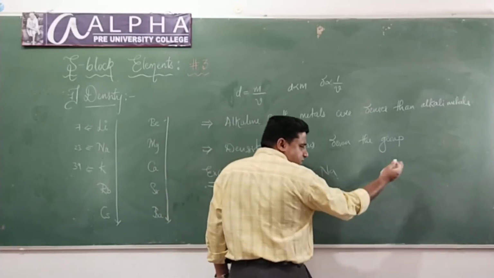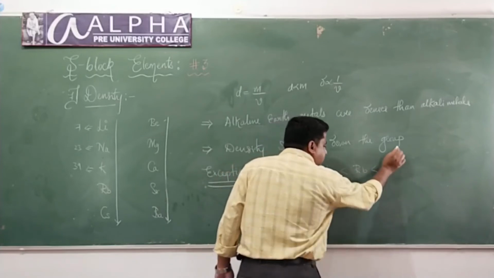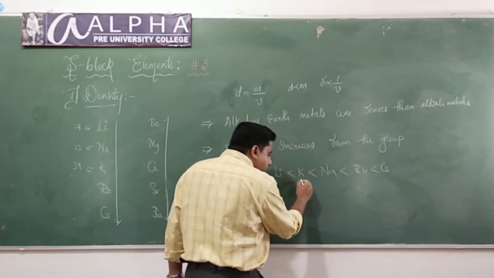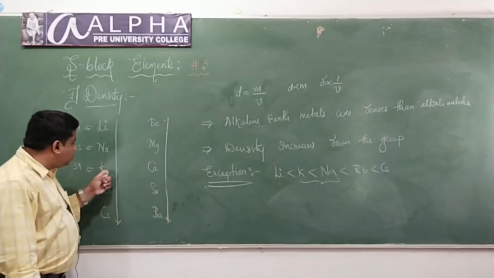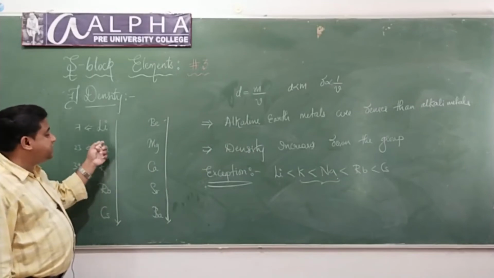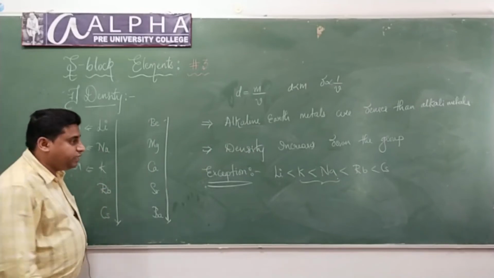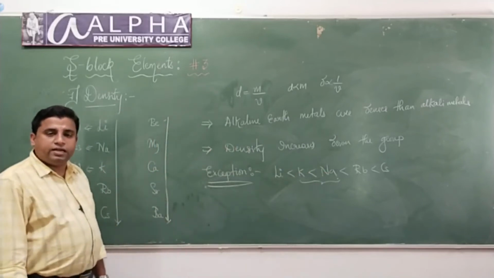There is an exception. According to us, potassium should have more density than sodium, but potassium has less density than sodium.